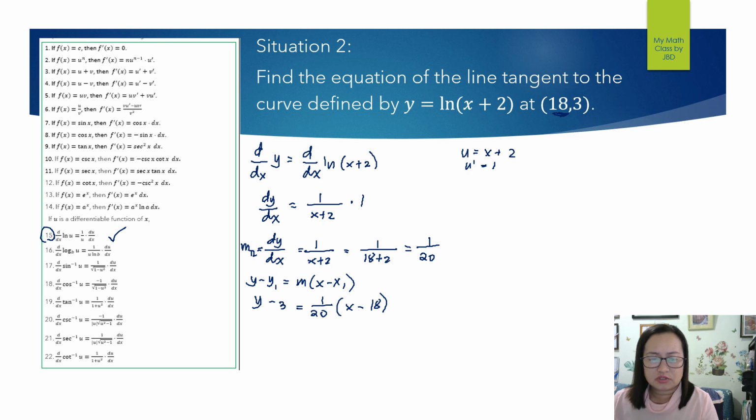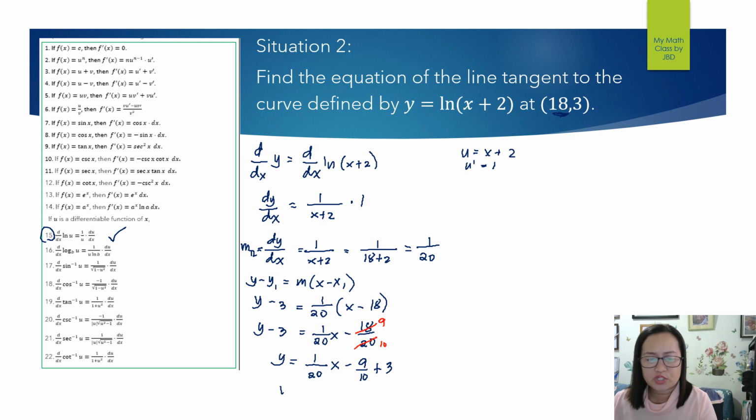Now, apply distributive property, so we will have 1 over 20 x minus 18 over 20, which when simplified, divide both numbers by 2, we will have 9 over 10. Then transpose negative 3 to the right side, so we will have y equals 1 over 20x minus 9 over 10 plus 3.